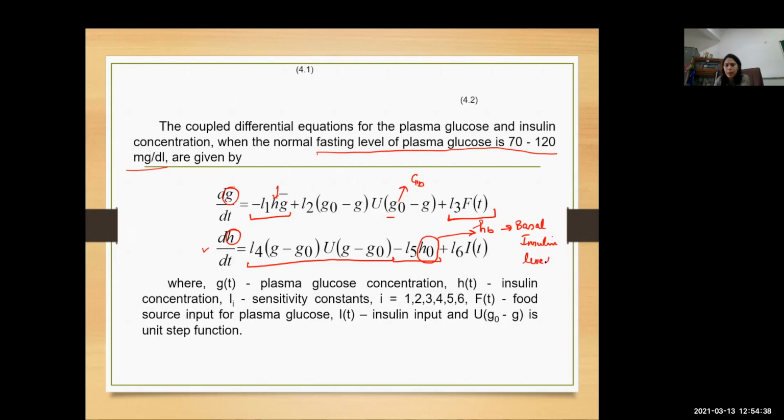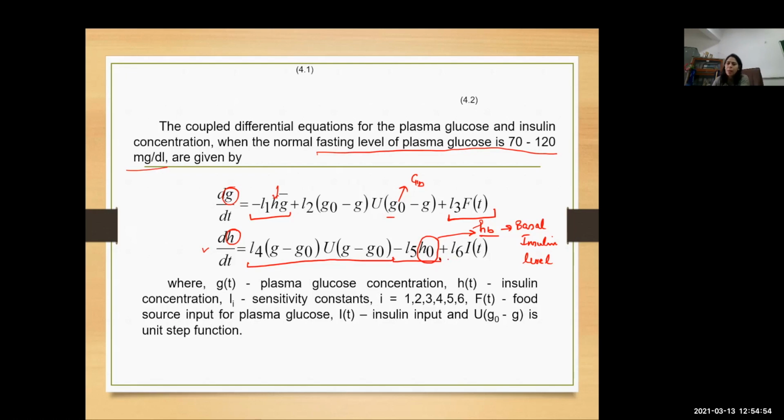Basal insulin level is the amount of insulin which is always present in our body. So this degradation will occur till it achieves this basal insulin level, and further it does not decrease.